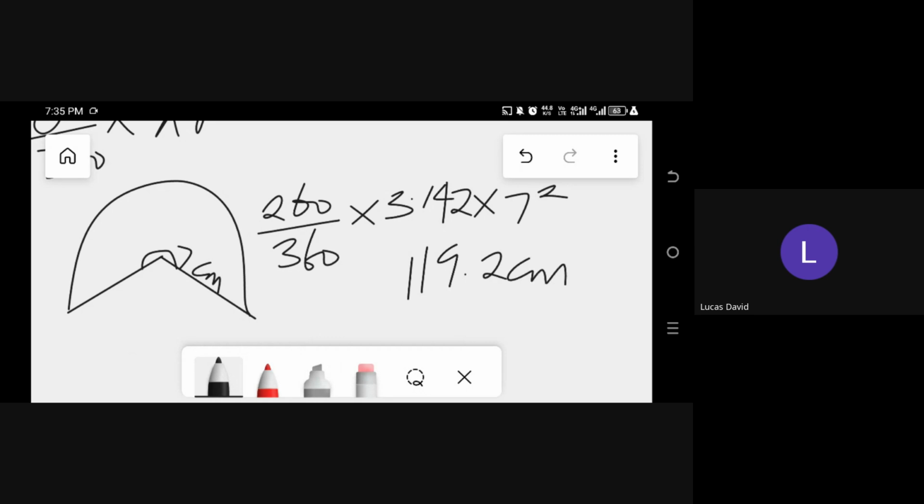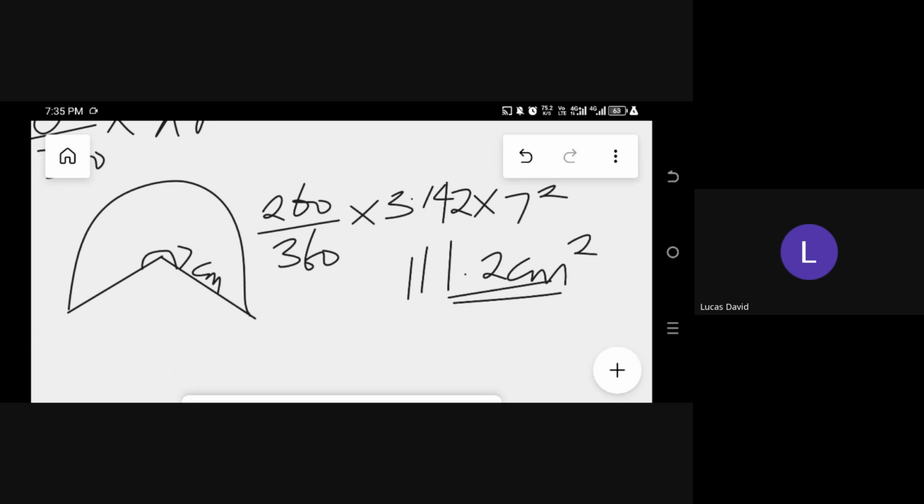She said 111.19. 111.19. Okay, 0.19. That's 111.2 centimeters squared to one decimal place. If we're approximating to one decimal place, 111.19 is 111.2 centimeters squared.